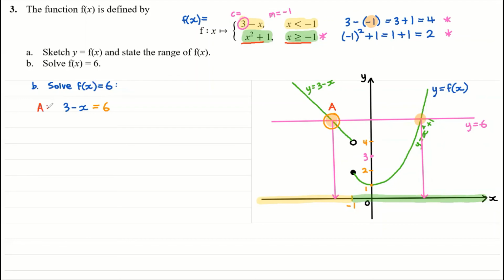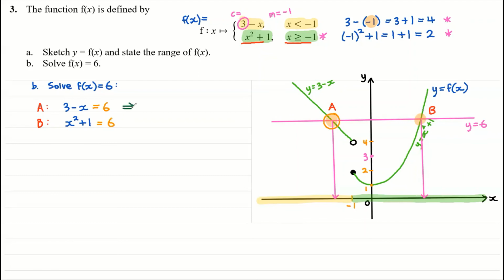And for point B over here, we have to solve the equation where the second branch intersects the line y equals 6. So that's going to be x squared plus 1 equals 6, like so. So we solve them separately. Now, the first one is relatively straightforward, I think.